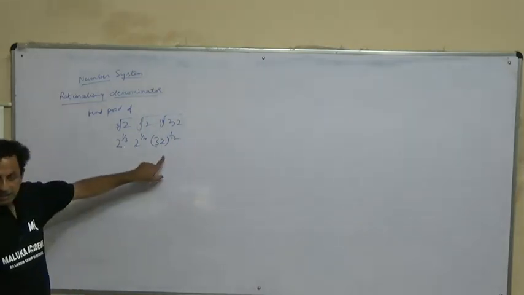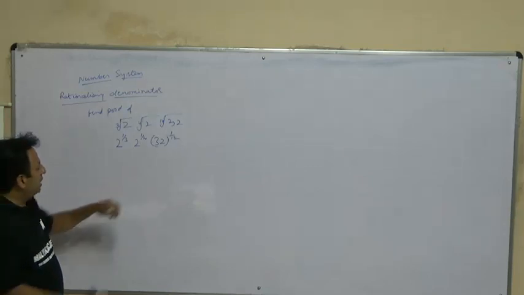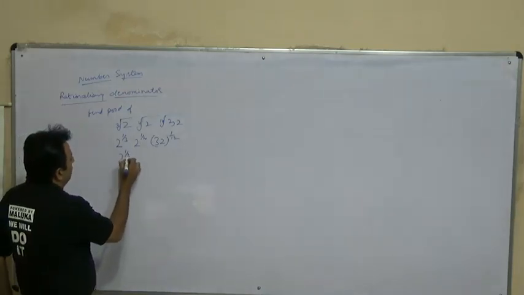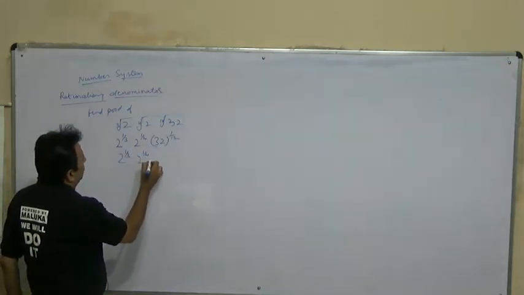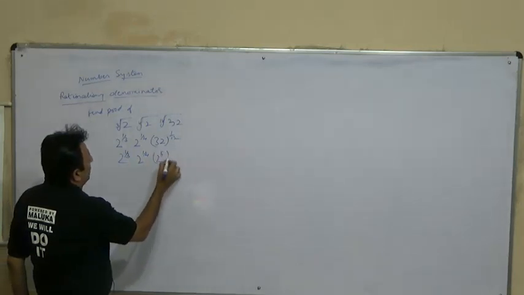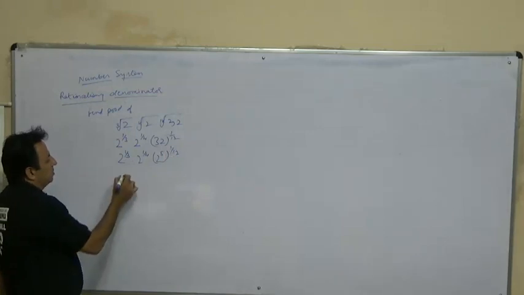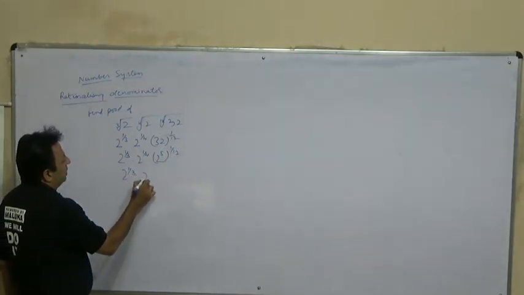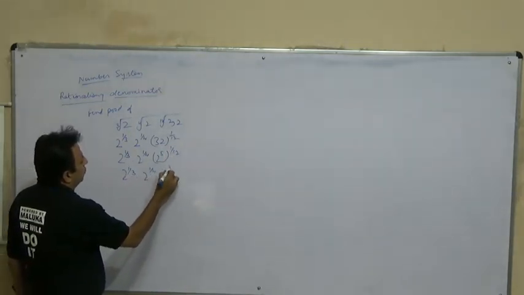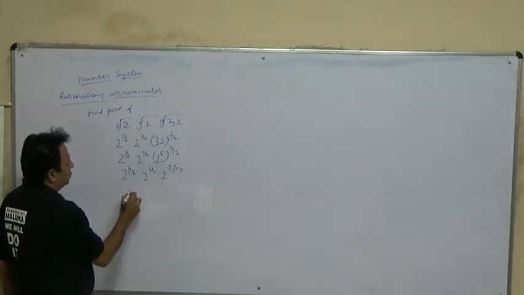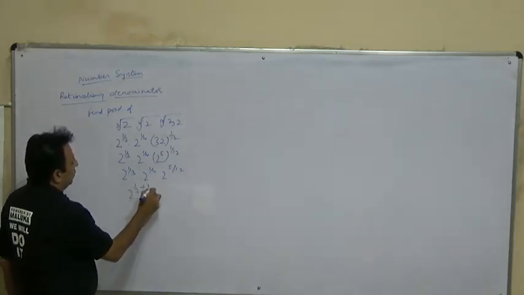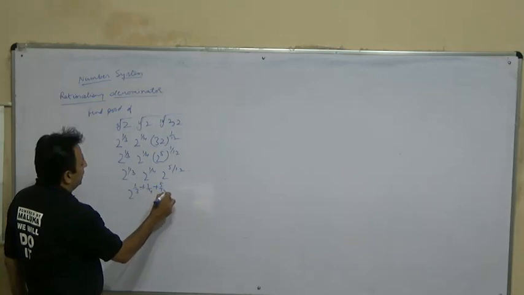We can also make this base same by 2 raised to power 1 by 3, 2 raised to power 1 by 4, 2 raised to power 5, and this is 1 by 12. So now we can add all this: 2 raised to power 1 by 3, 1 by 4, 5 by 12.